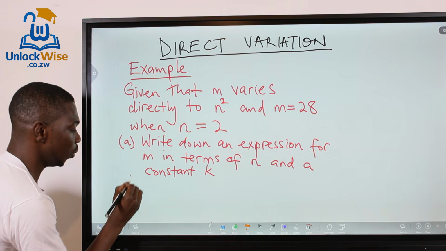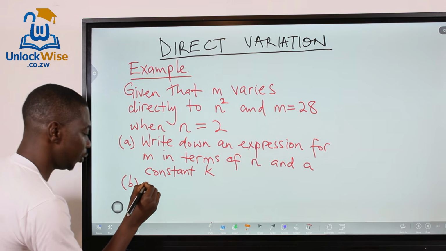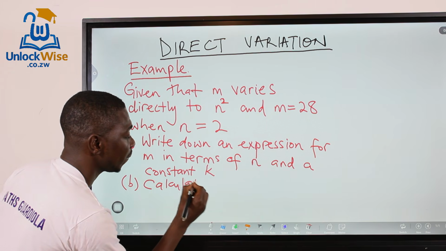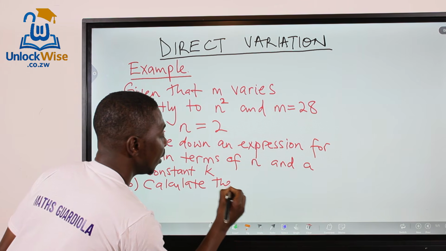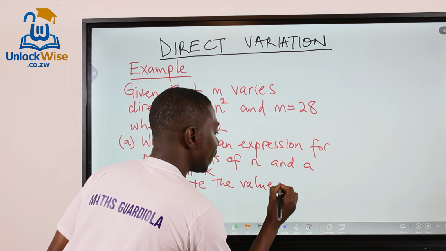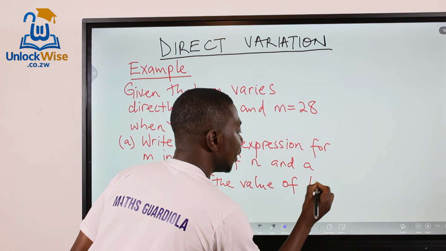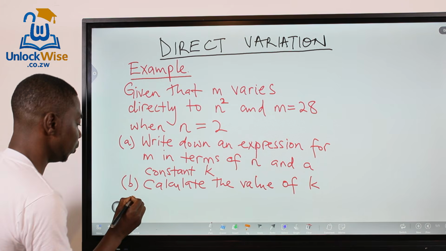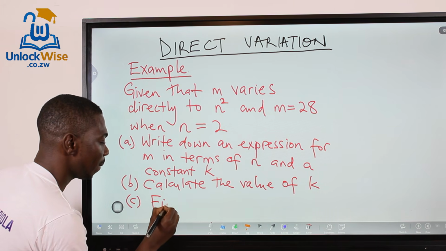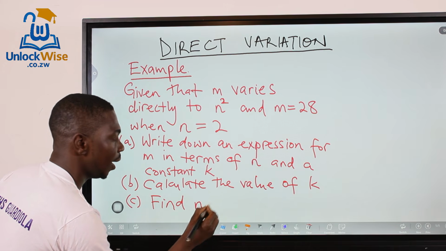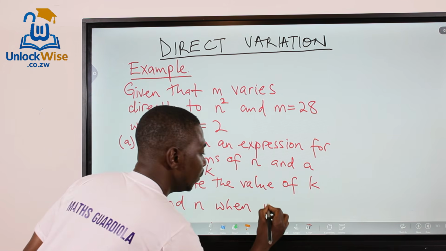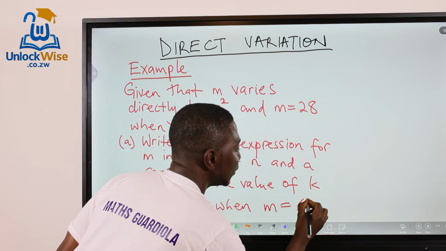Then we also want you to calculate the value of k. This is part B. And we also want you to find n when m is equal to 63.